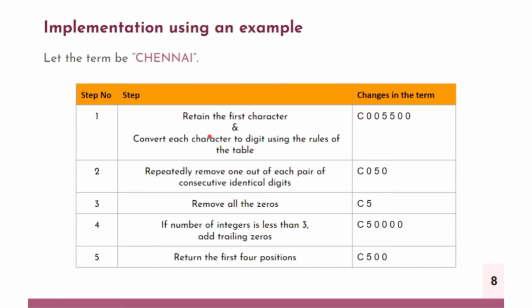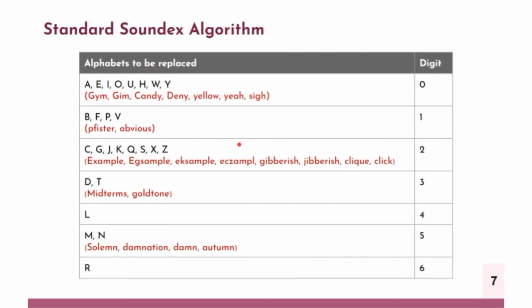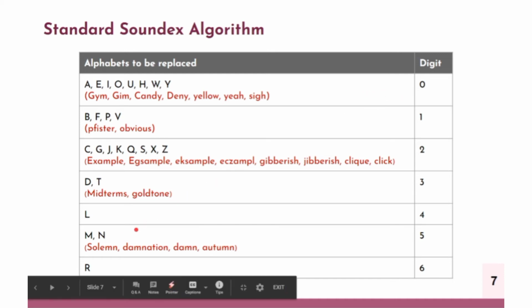And convert each character to a digit using the rules of the table. Here we were told which characters are to be replaced by which digits. All the vowels A, E, I, O, U, H, W, Y are replaced by 0, and the N and N in Chennai will be replaced by 5.